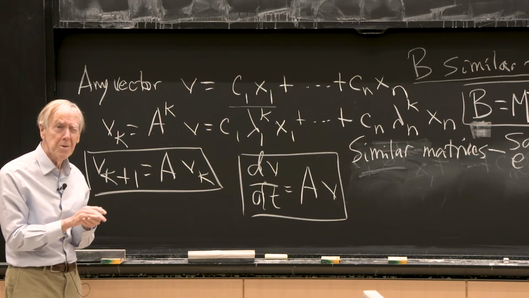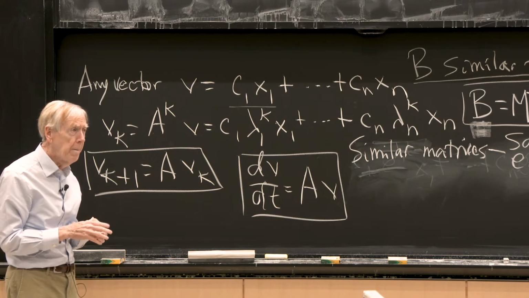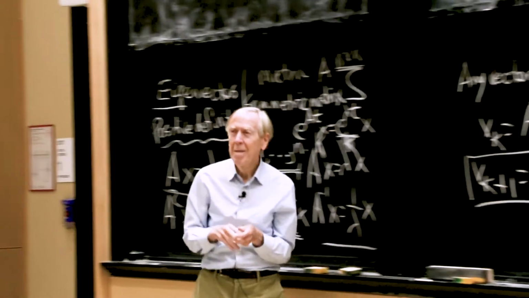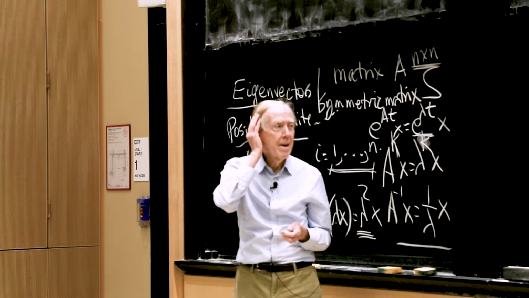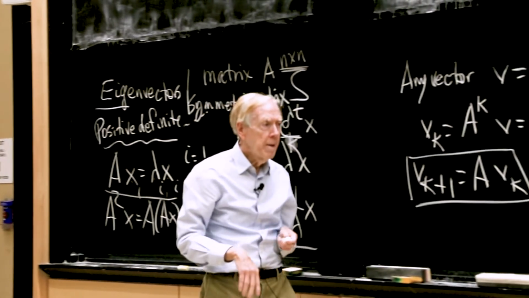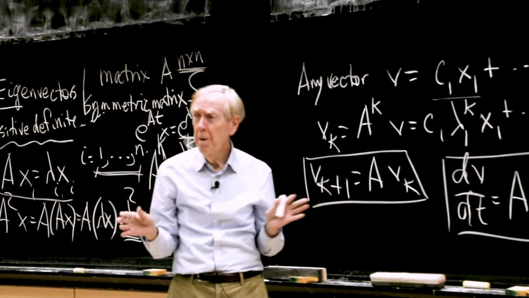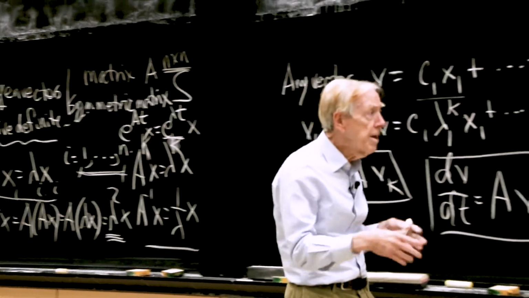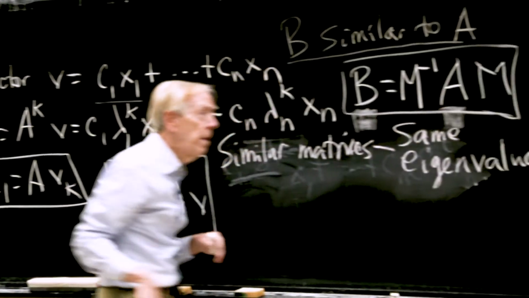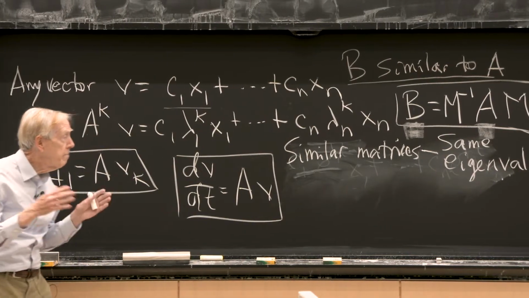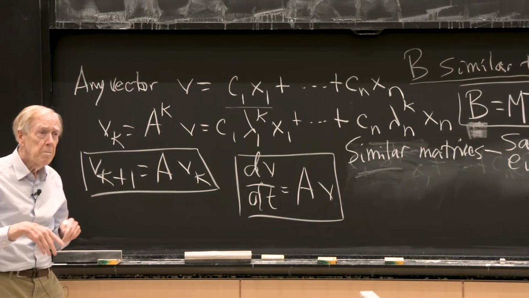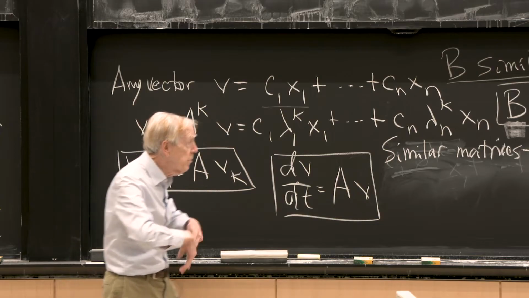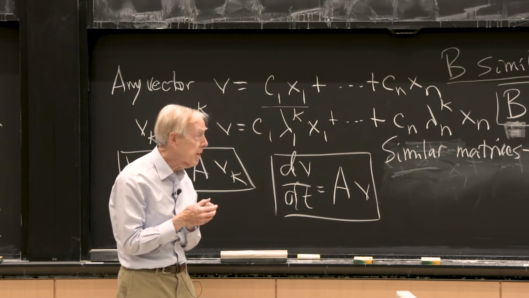But what happens when you type eig of A? Well, you could say the eigenvalue shows up on the screen. But something had to happen in there. And what happened was that MATLAB took that matrix A and started using good choices of M, better and better, took a bunch of steps with different M's, because if I do another M, I still have a similar matrix, right?